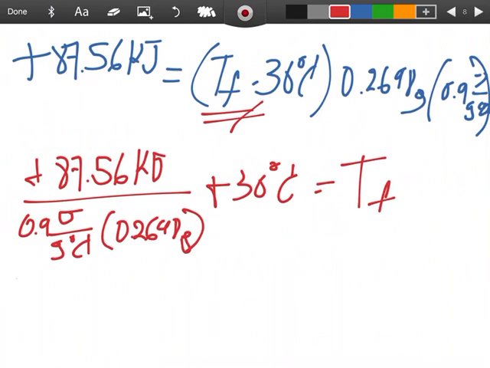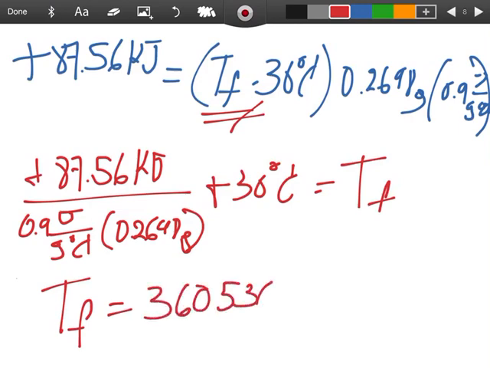So when you perform all of these numbers, you will see that the final temperature is going to be something quite absurd. It's going to be 360,536 Celsius plus 30 Celsius, right?